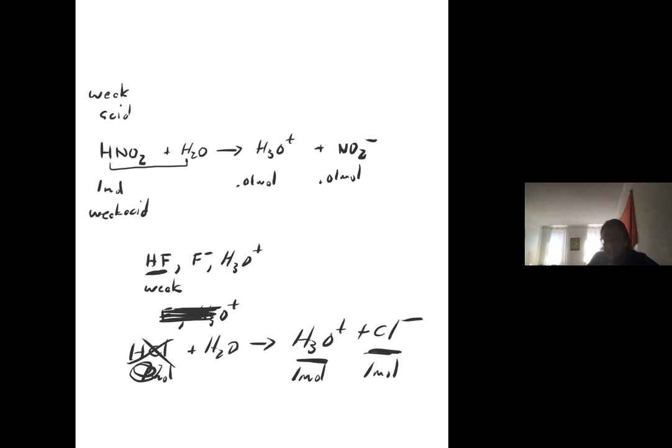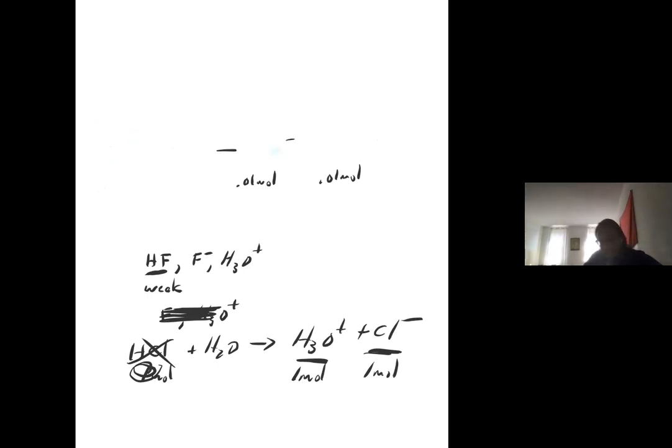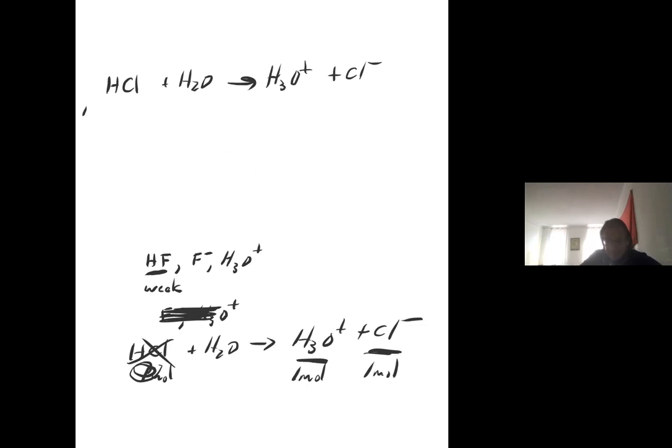Let me show you a little ice table. This is something you do in the next course, but it might be helpful for you here. HCl, strong acid. We know that's a strong acid. So essentially, initially at the beginning, you have a mole and these are 0.